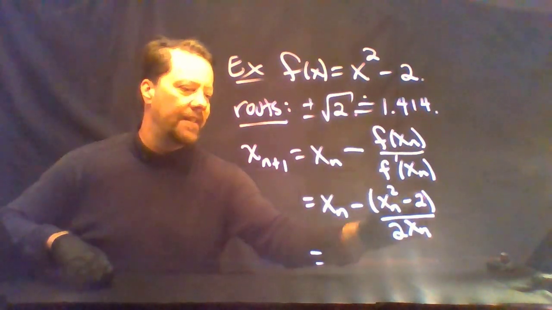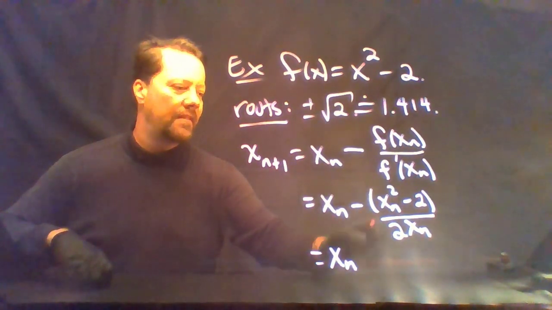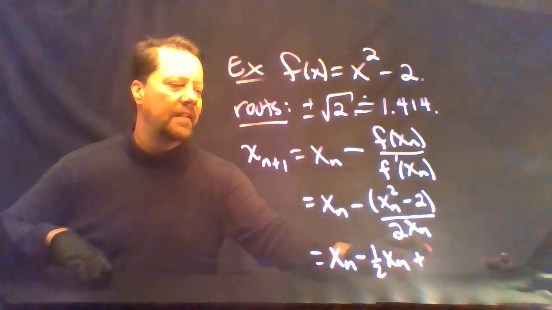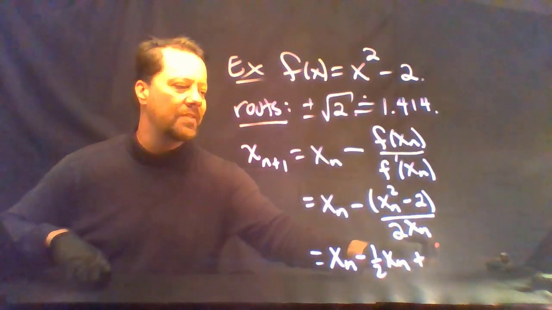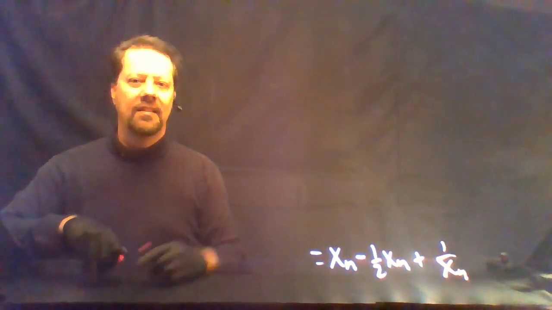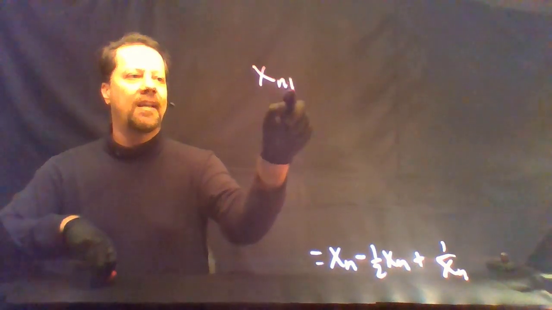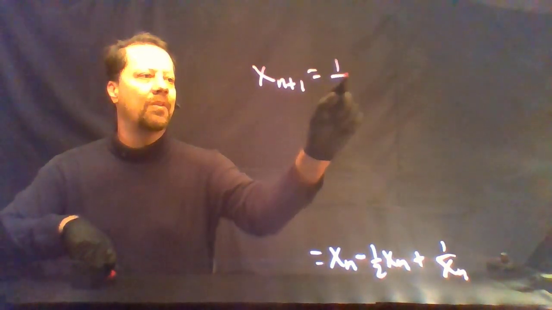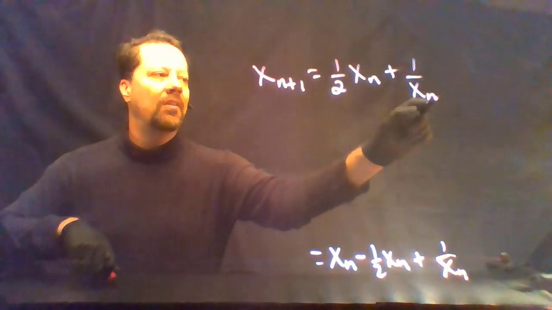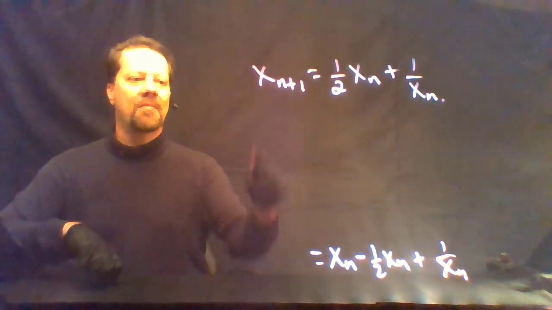Notice if we simplify this, we'll have xn, we'll have minus 1/2 xn, and when we distribute here, we'll get plus 1 divided by xn. We simplify this as xn+1 equals 1/2 xn plus 1 divided by xn.